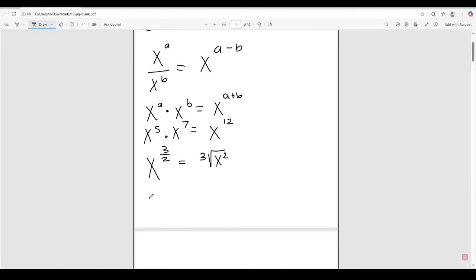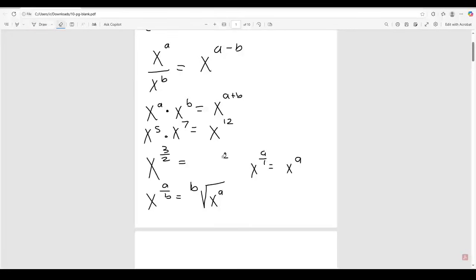Whenever you have x to the power of a fraction, let's say a over b, the numerator will just be the regular exponent. x to the power of a over 1 is just equal to x to the power of a. So the numerator is just going to be an exponent, but the denominator is going to be the degree of this radical. I realize that I wrote this wrong, guys, I'm sorry. This is the square root of x to the power of 3.